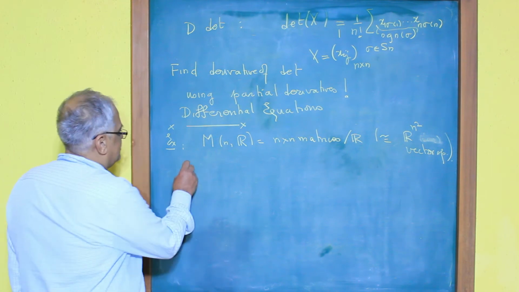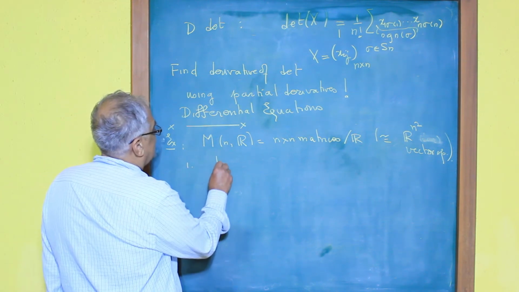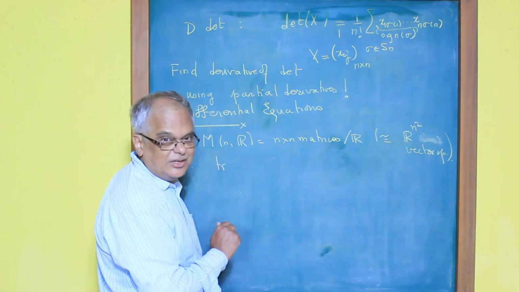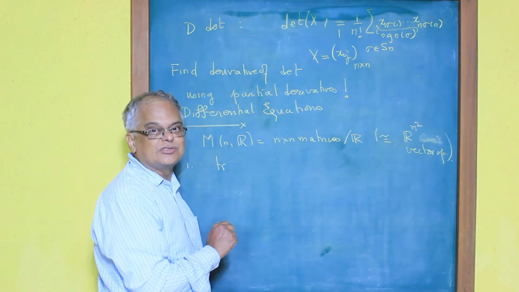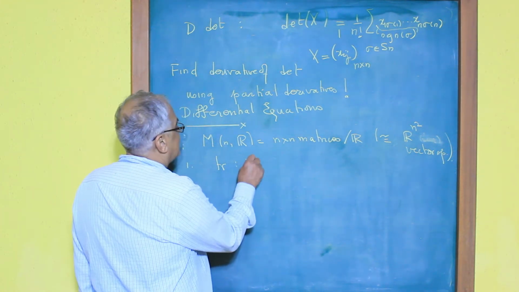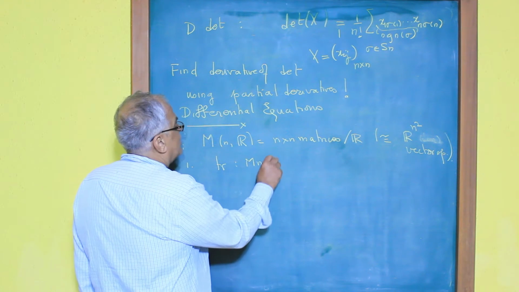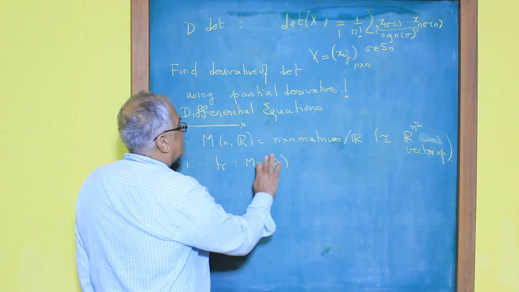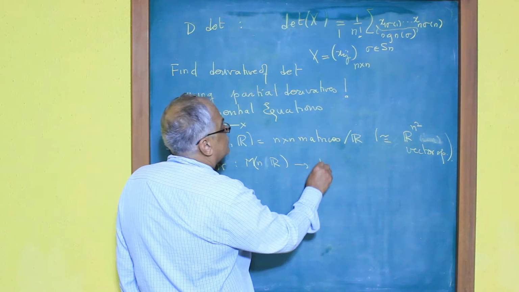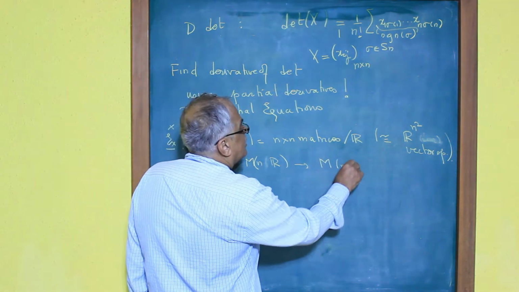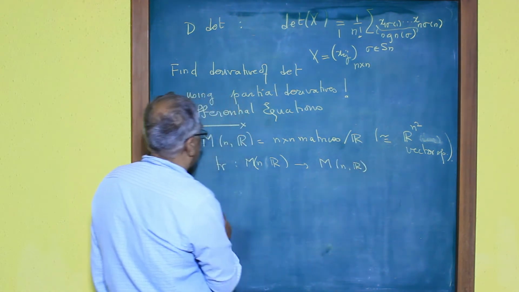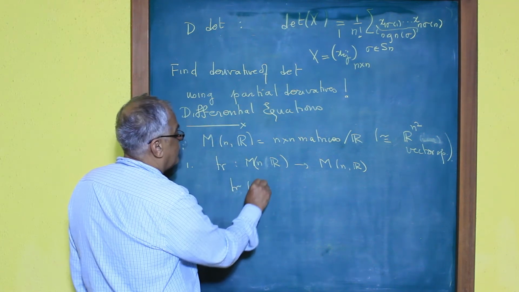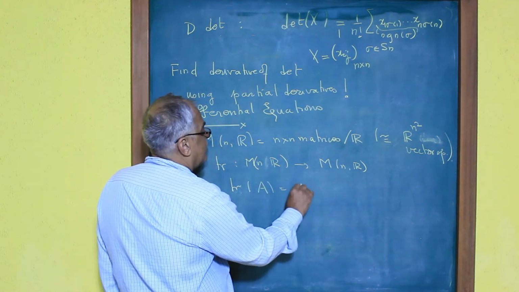So there's a map which we will call TR. What is the meaning of TR? TR is the transpose. TR maps M_n(R) to M_n(R), and TR of a matrix A is equal to A transpose.